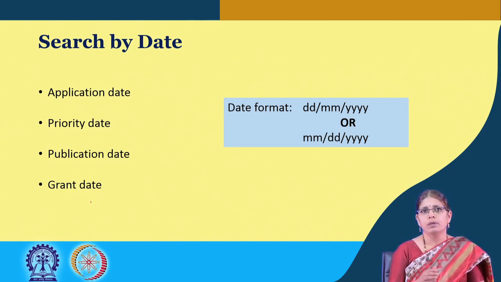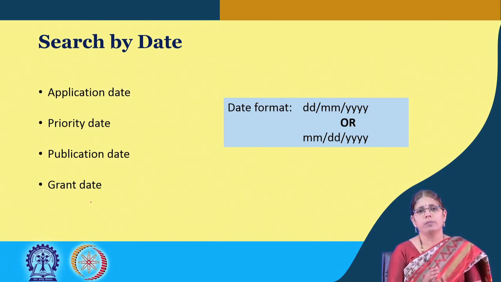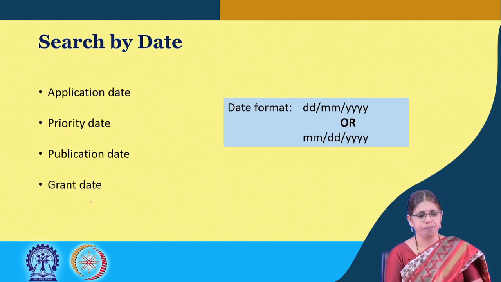So, when one is looking at a particular search to understand whether a prior patent will work as a document to defeat, let us say, the novelty of an invention, then one would look at the date of that particular document also, which is very relevant in this case.